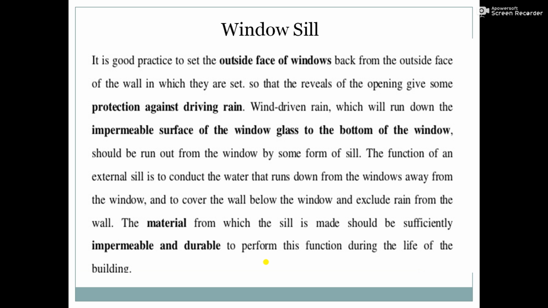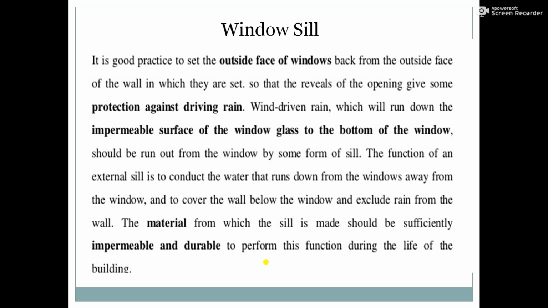The function of an external seal is to conduct the water that runs down from the windows away from the window, to cover the wall below the window and exclude the rain from the wall. So the window seals are an important thing which we have to provide at each and every window opening.